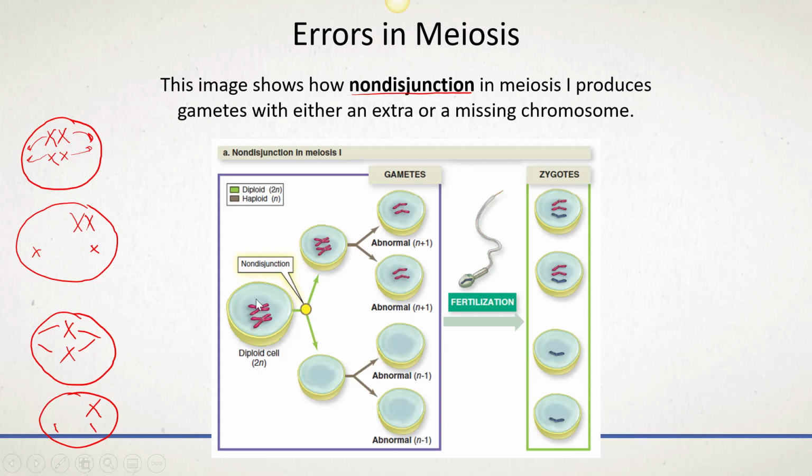So here this is depicted. You can see the diploid cell, and when it divides, both copies happen to go to the one cell while the other cell didn't get any copies. So these are missing a chromosome. So if they unite with a normal sperm, that cell is only going to have one copy of the chromosome. When you only have one copy of the chromosome, that's known as a monosomy.